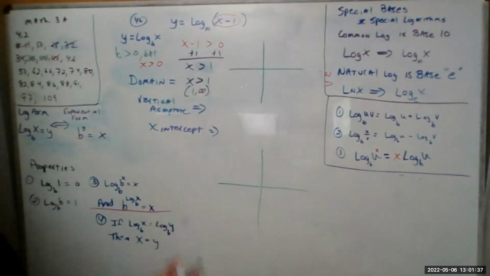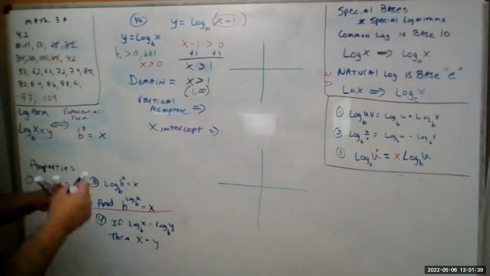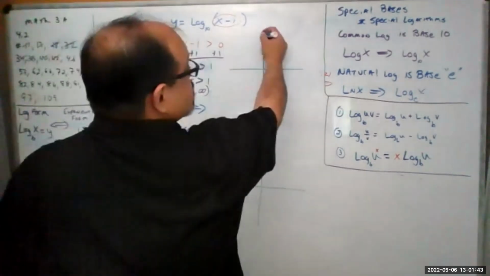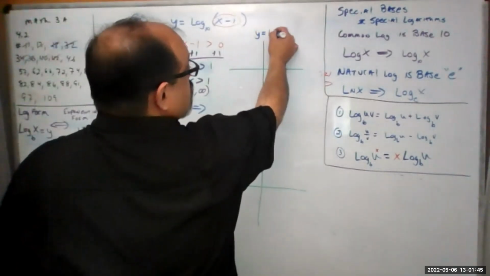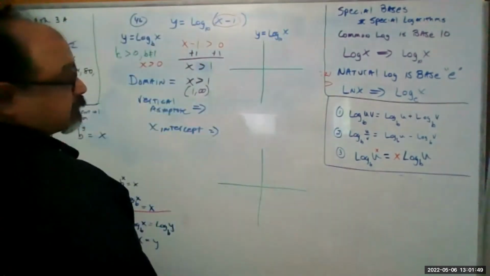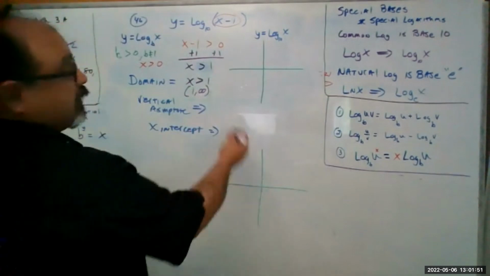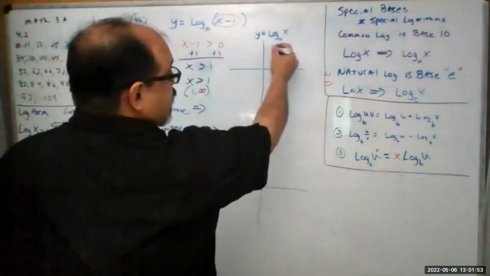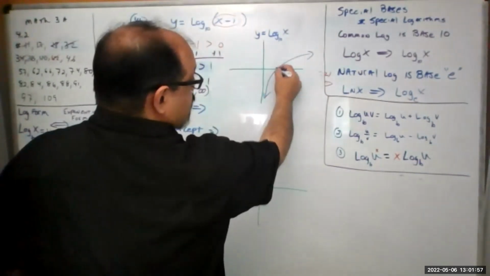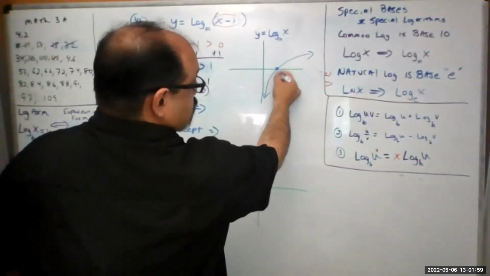Now, vertical asymptote. Here's what that's talking about. If we just graph simple y equals log base 10 of x with nothing special, then we know it's the inverse of 10 to the x. It's going to do this, just like all the other logarithms do. And it's going to go through (1, 0).